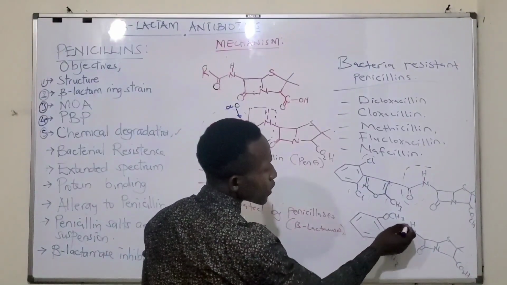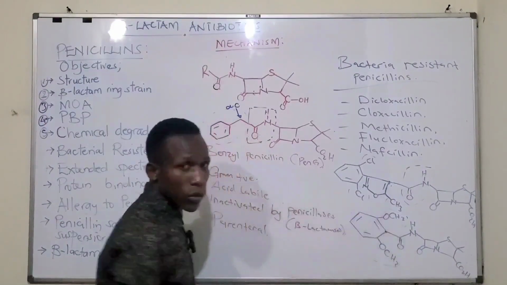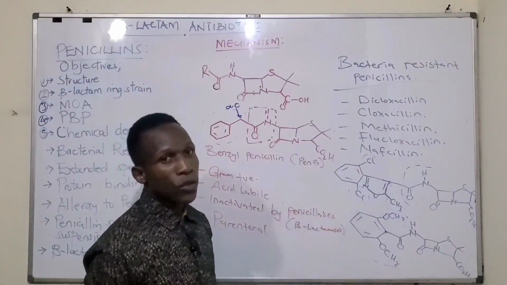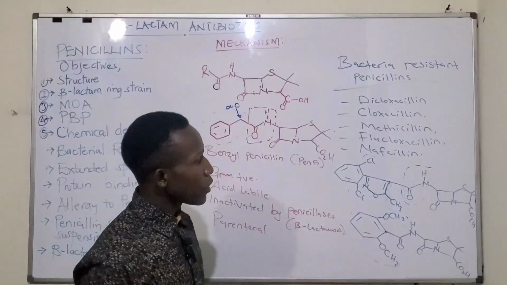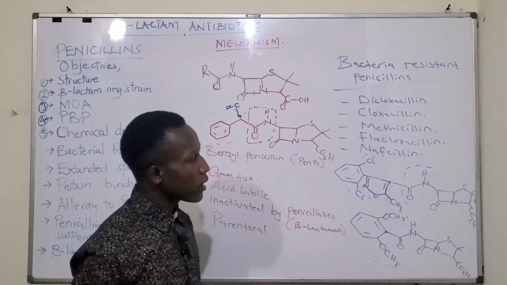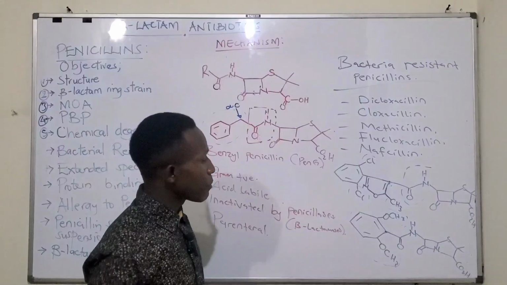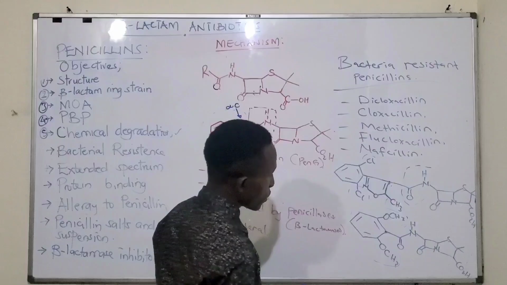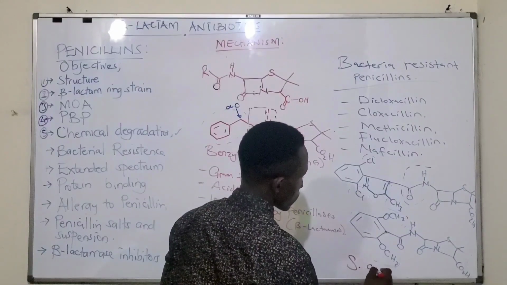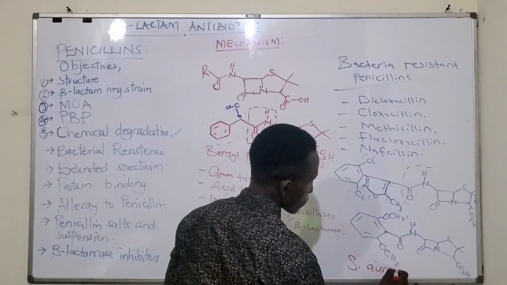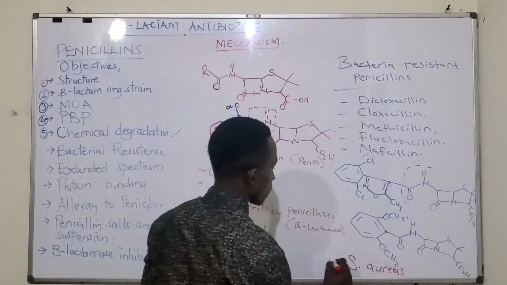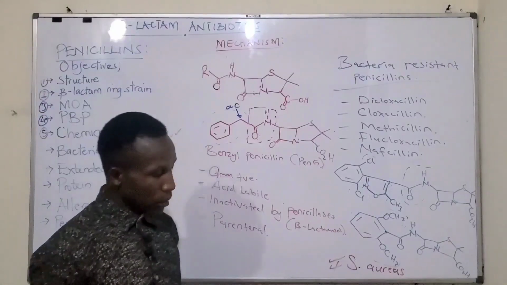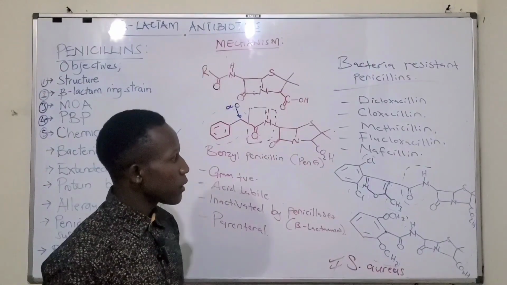But because of the substituents, it's very bulky, and these substituents are highly lipophilic. These will act on gram-positives which are penicillin resistant. For example, Staphylococcus aureus. So they are good for this bacteria, which is a beta-lactamase producing bacteria.